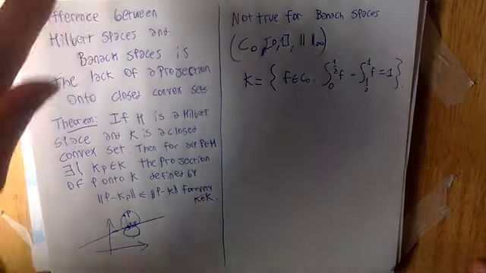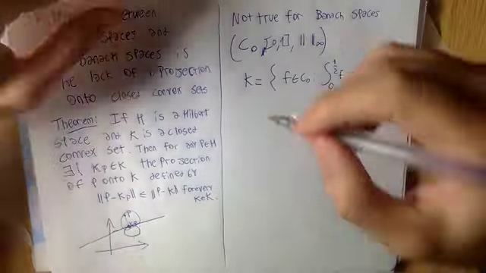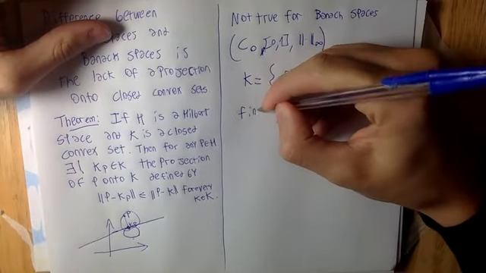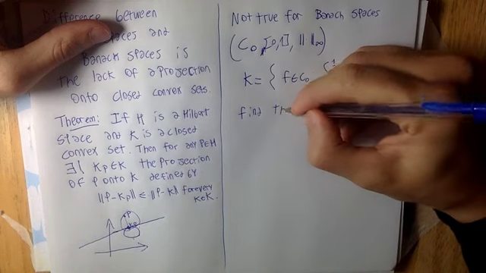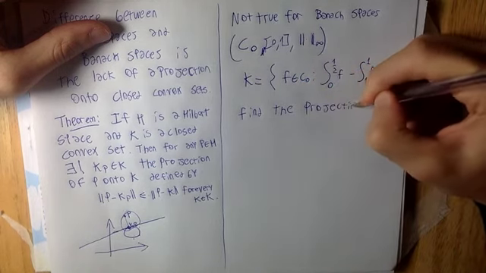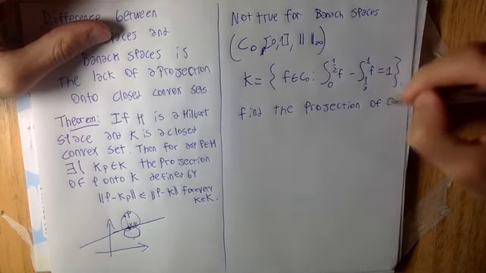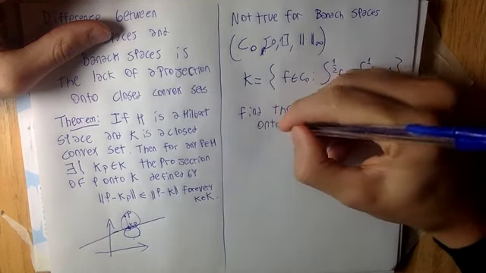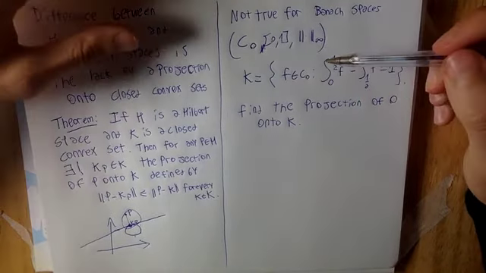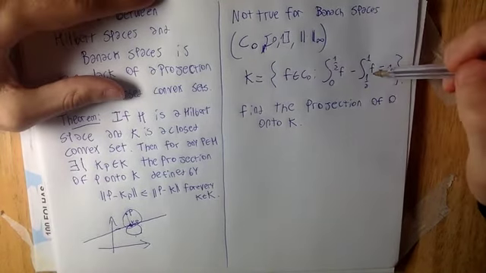What we would like to do is find the projection of 0 onto K. One thing we should check right away is that this is closed.